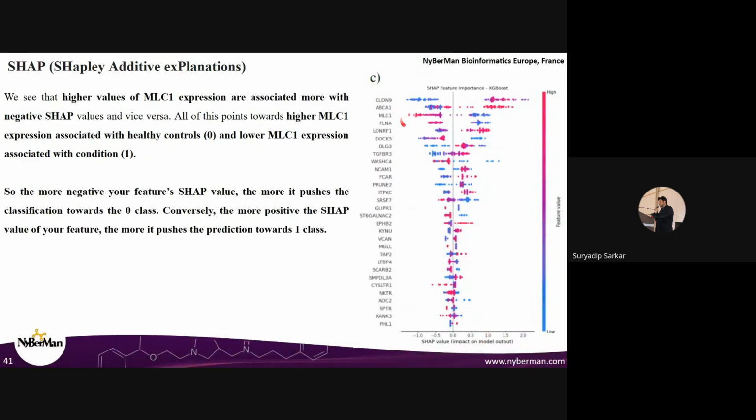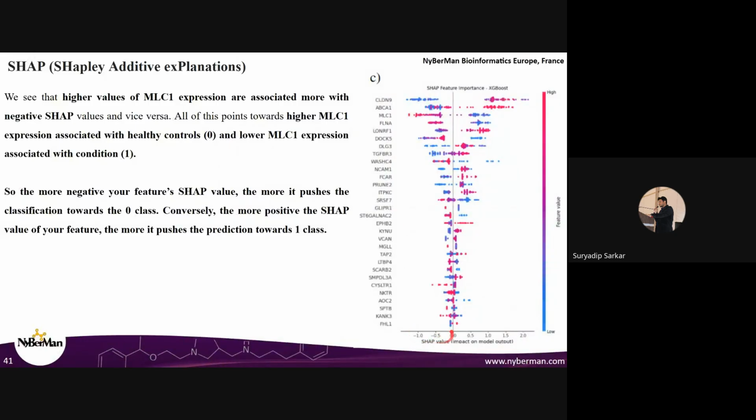If the negative class in my experiment is a control, then I would say MLC1 is highly expressed in my controls as compared to my condition. Say, for example, my condition here is some sort of heart disease. So I would say MLC1 is lowly expressed in the positive class, or in the people with heart disease, as compared to the control. So MLC1 is a down-regulated gene in my particular condition as compared to the control.